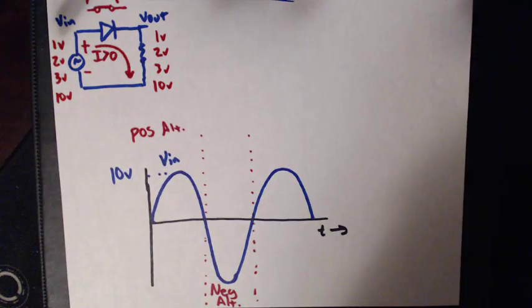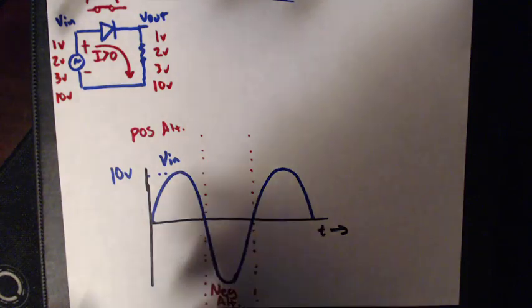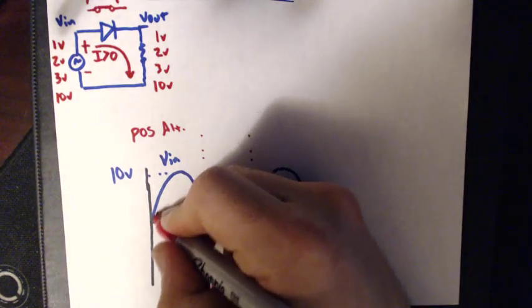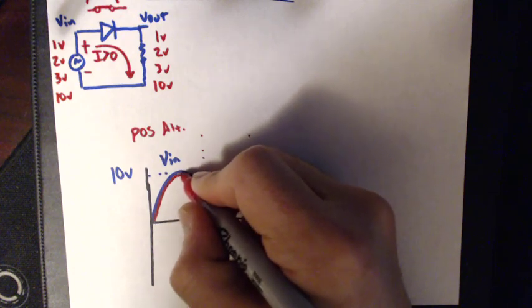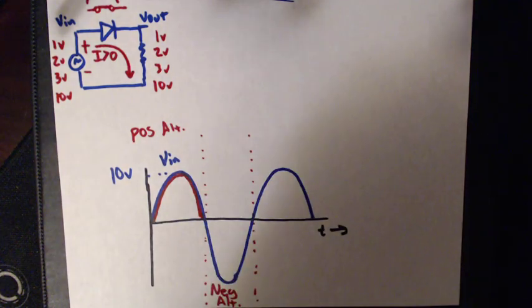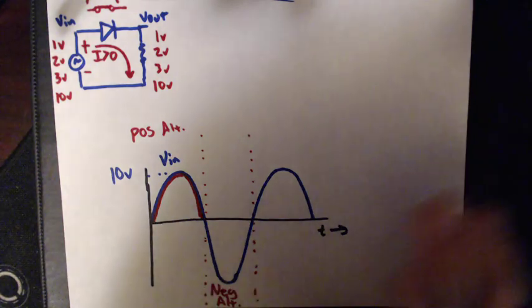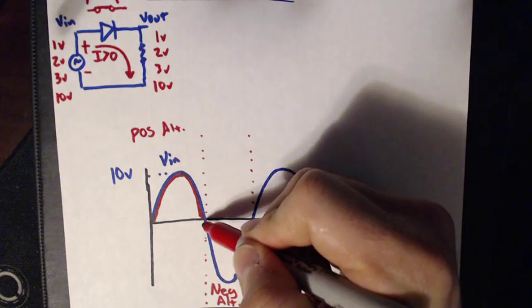So if we plot V out over here, it follows that curve exactly. When it's 1 volt, we get 1 volt. When it's 10 volts, we get 10 volts. That's what happens during the positive alternation.